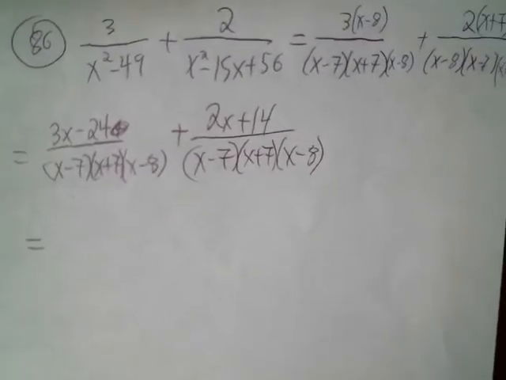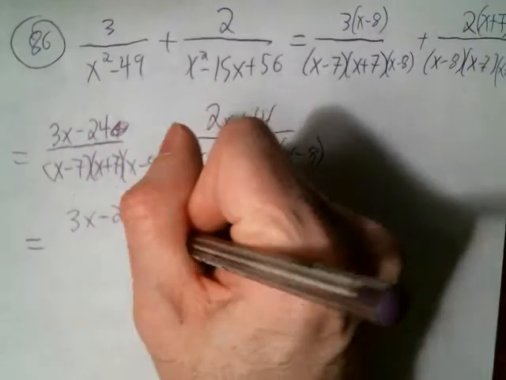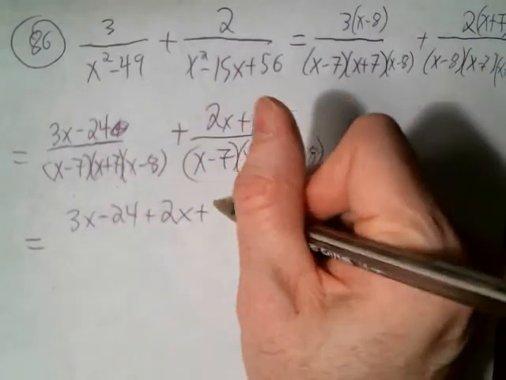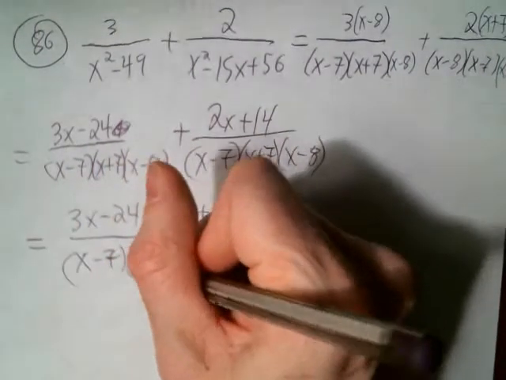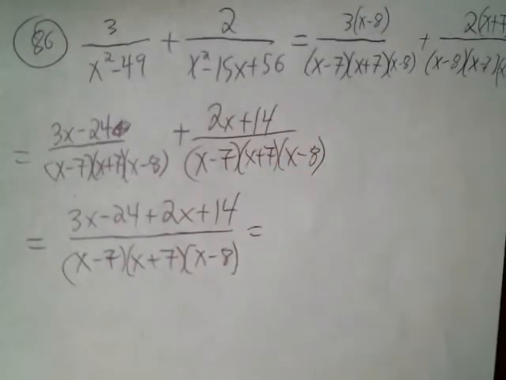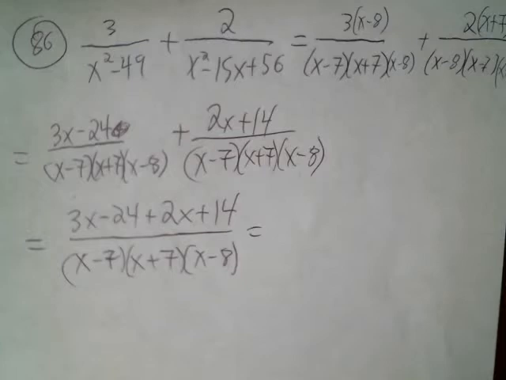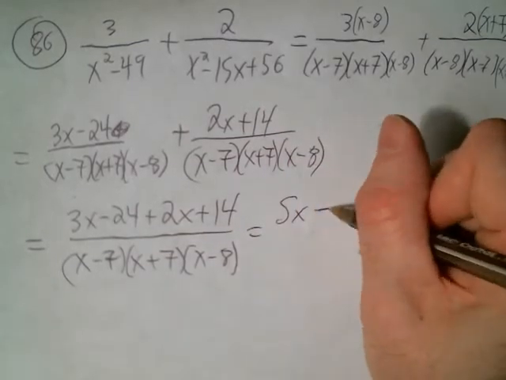Then add the numerator over the common denominator. So 3x minus 24 plus 2x plus 14 all over x minus 7 times x plus 7 times x minus 8. 3x plus 2x is 5x. Negative 24 plus 14 is negative 10.